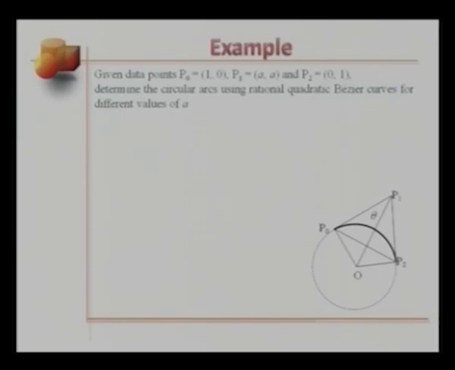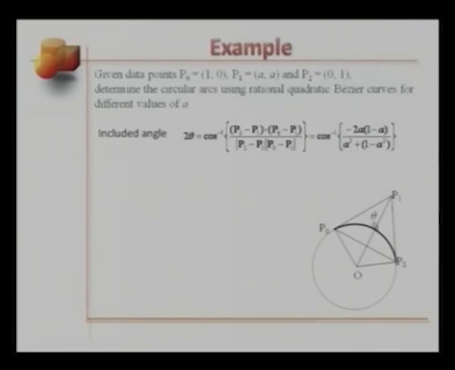Given data points P sub 0 as (1, 0), P sub 1 as (a, a), and P sub 2 as (0, 1), we will determine the circular arc using a rational quadratic Bezier curve for different values of a. First, let's talk about the included angle, theta.